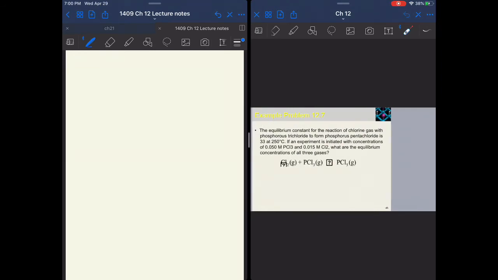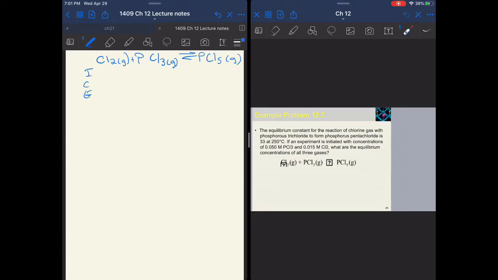There's the problem. So we're dealing now with the reaction between chlorine gas, phosphorus trichloride gas, in equilibrium with the product phosphorus pentachloride, also a gas. I'm going to write my ice table here, and I'm going to set up an equilibrium expression.